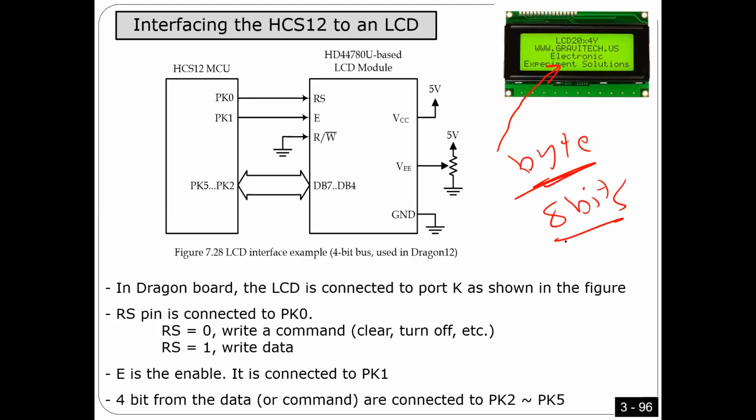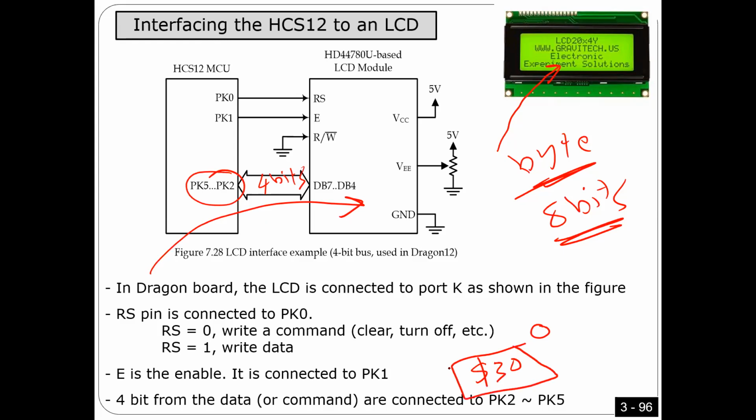So number one, how to use these 4? These are 4 bits. This is where you send your data. For example, I want to display number 0, so you have to send 30. I have to send it here through these pins.